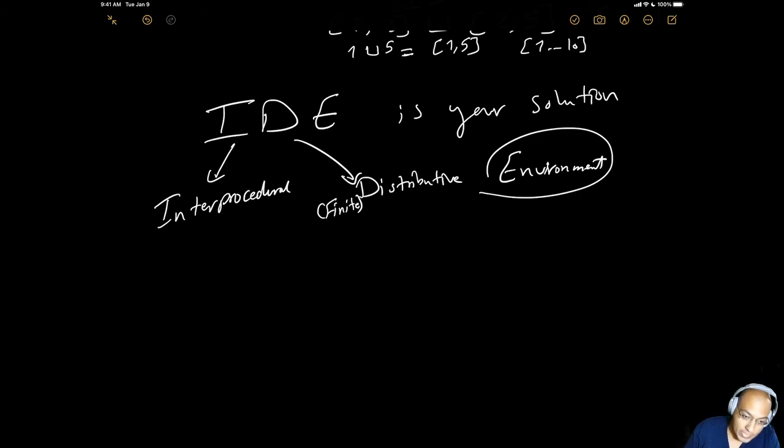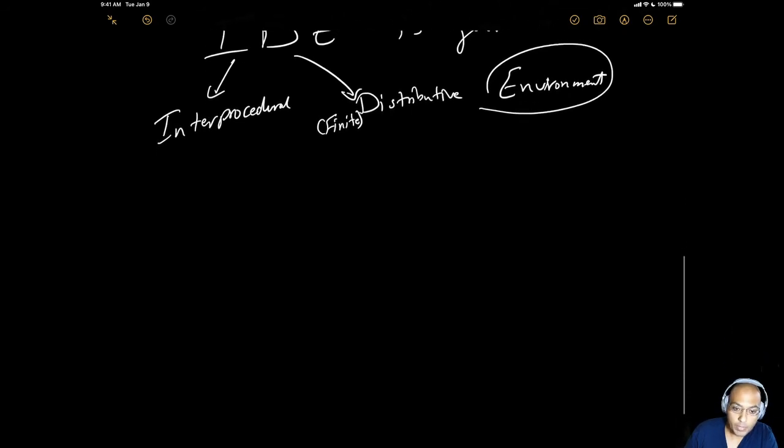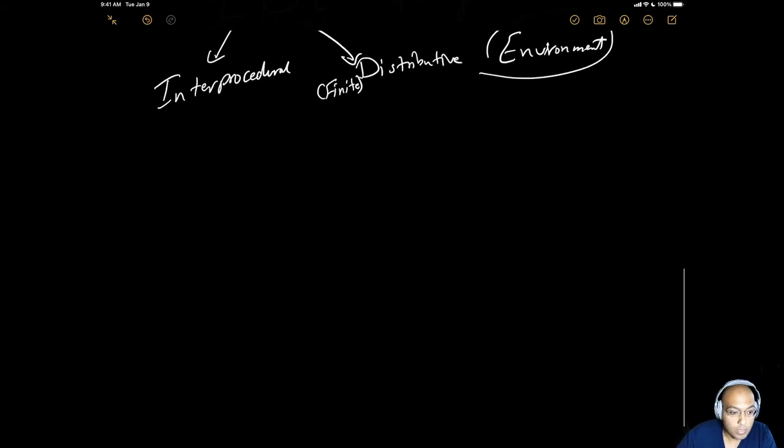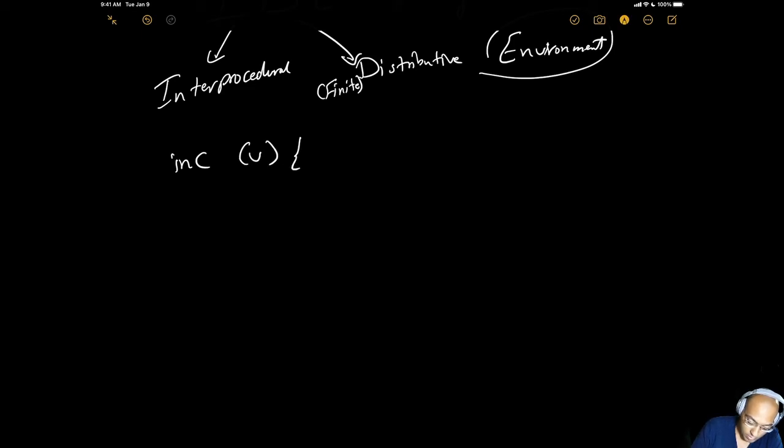Let's go back to the constant propagation example that we discussed from before. That example was the method inc v with r equals v plus 1 and return r.